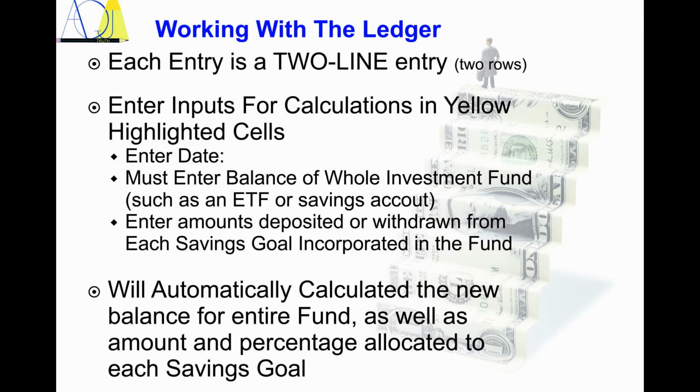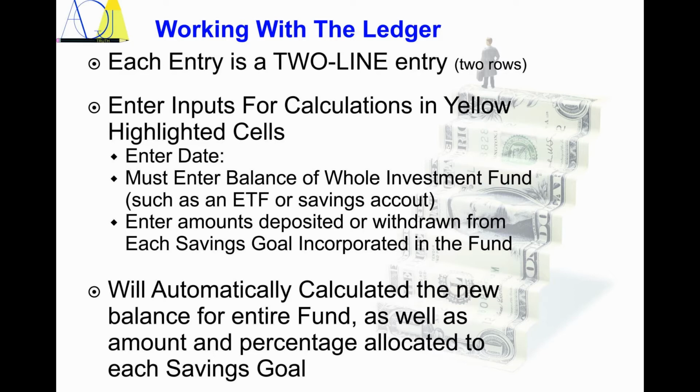you must enter the balance for the whole investment fund, which is close to the left-hand side, and then any amounts that you're going to deposit or withdraw for each savings goal, where things are allocated to. You enter numbers in there if you want to or need to.